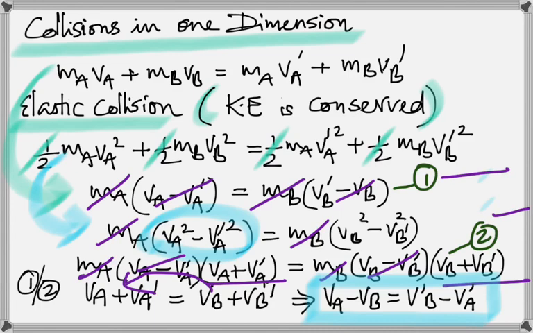This is the important equation right there: VA minus VB is VB prime minus VA prime. Did you notice that it's the other way around here? Oh, you didn't? Okay, time for questions.